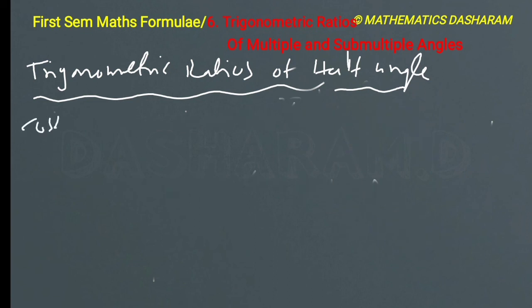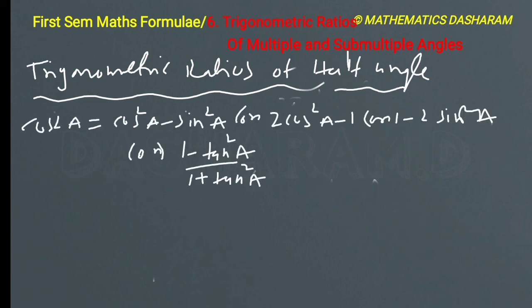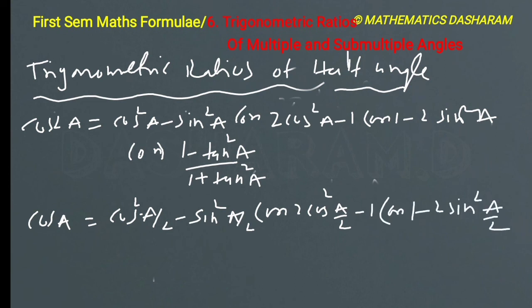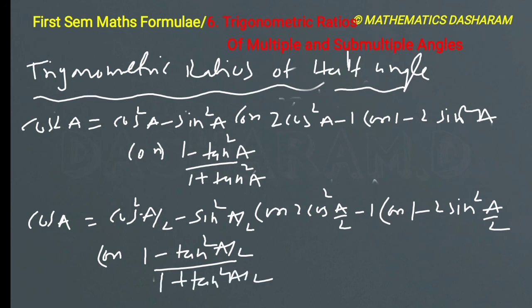Next, for cos 2A, the cos A formula is cos square A by 2 minus sin square A by 2, or 2 cos square A by 2 minus 1, or 1 minus 2 sin square A by 2. And the last one, (1 minus tan square A by 2) divided by (1 plus tan square A by 2).